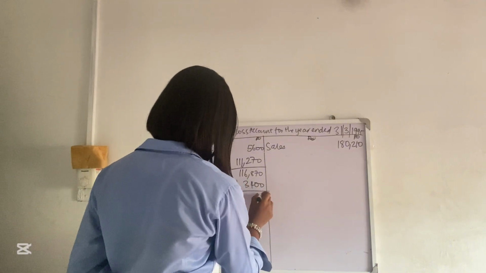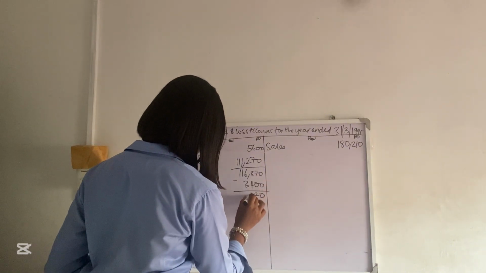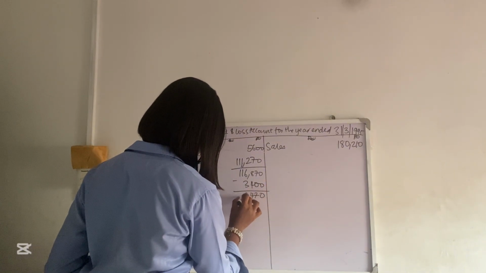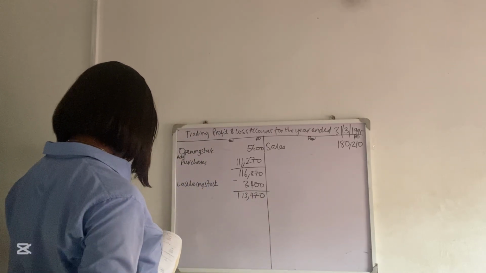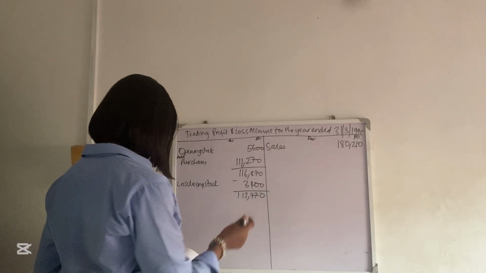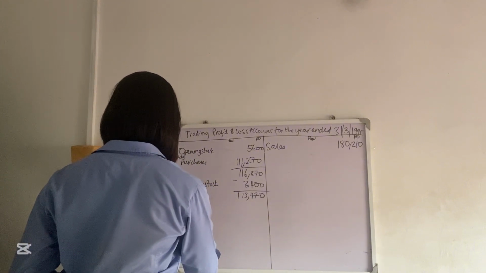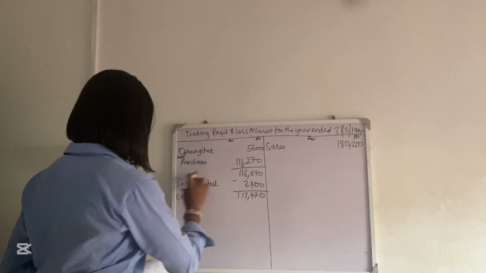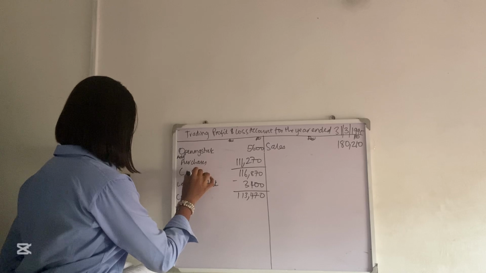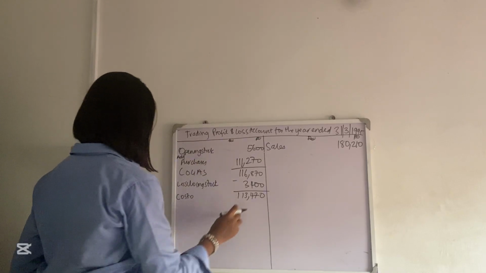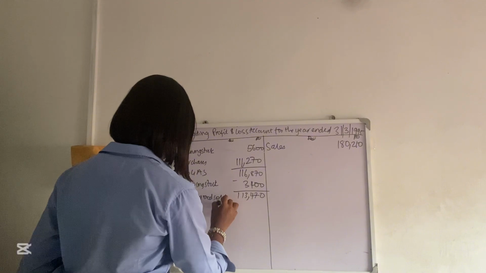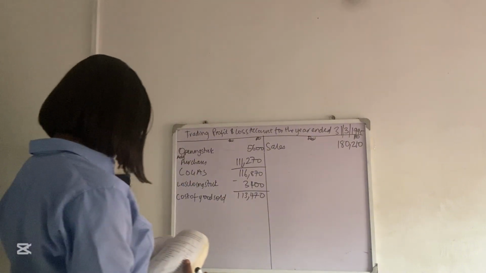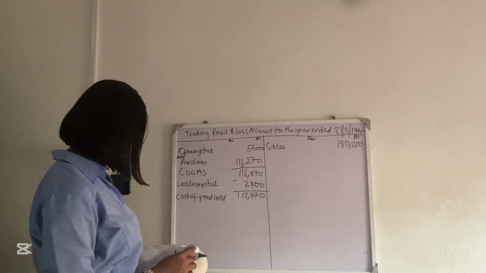When you less it, 116,870 minus 3,400 gives 113,470. This is usually called COGAS, cost of goods available for sale. And this is cost of goods sold. You don't have any other additional information on it.